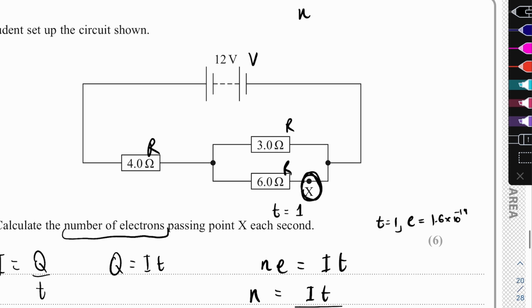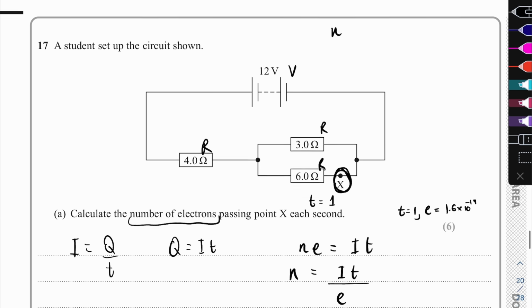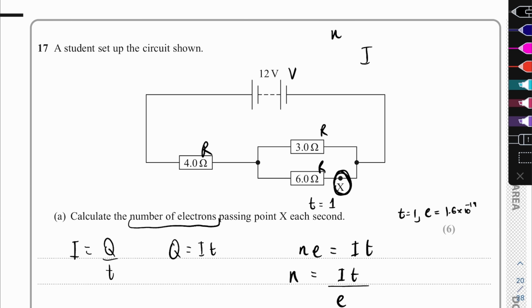To do that, let's first work out the I for the circuit. So I'll say I total, right? So what is it? It's V equals I R, and this is R total and V total, right? So this is 12 equals I multiplied by R total. R total is what?